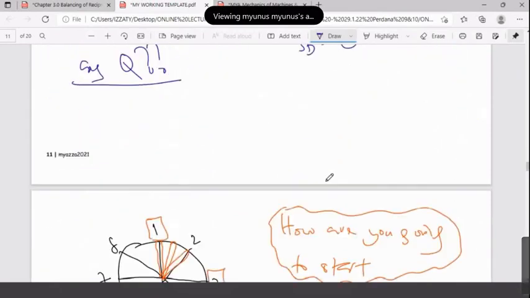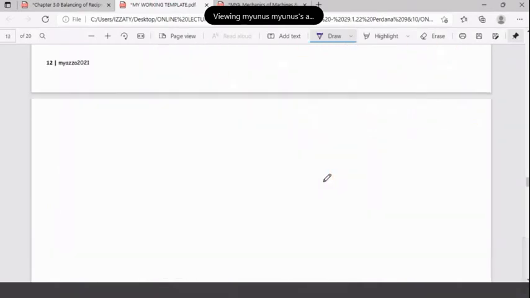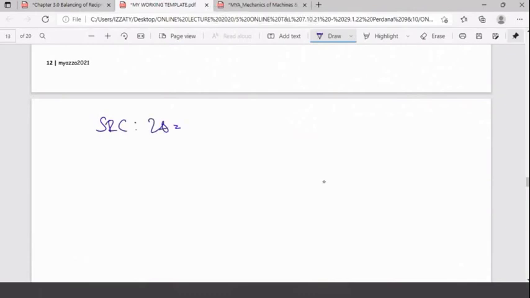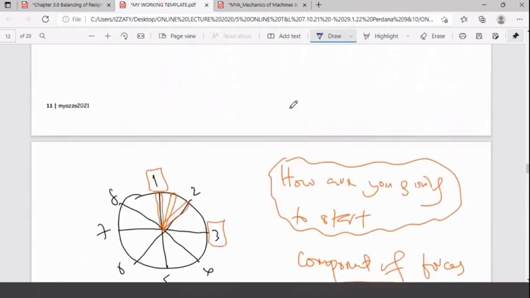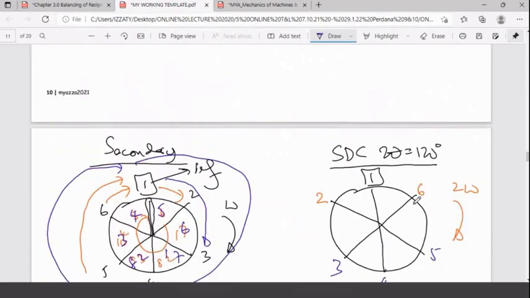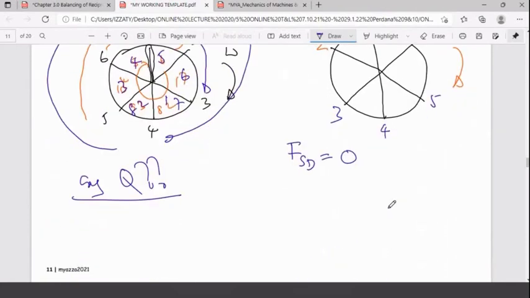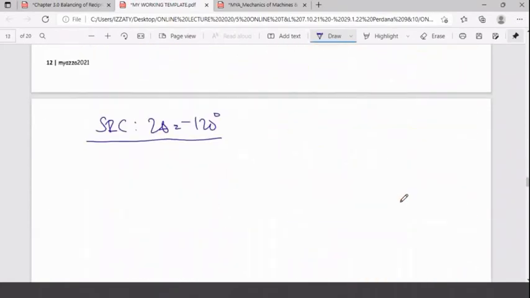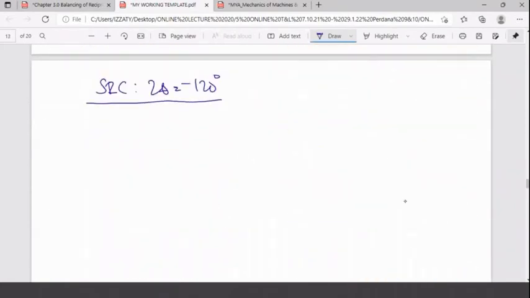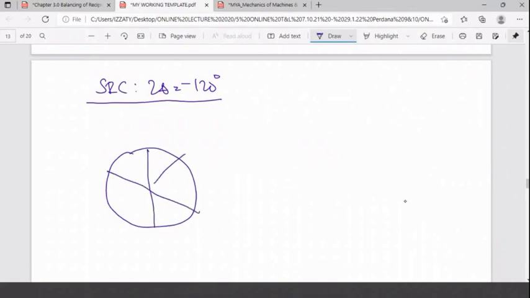So we move to secondary reverse. Now, for the secondary reverse crank, you have 2 theta equal to negative 120. Is it 120? Correct, yeah? Just now it was positive, now it's negative. The negative will be the opposite direction of what you've been given. So now your equation: 2, 4, 6.